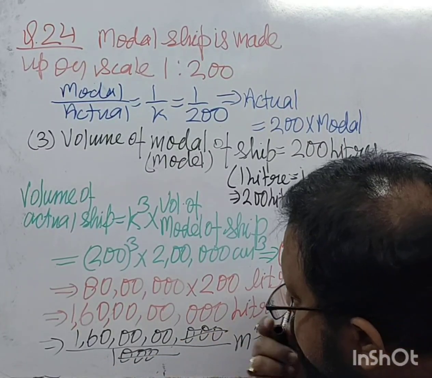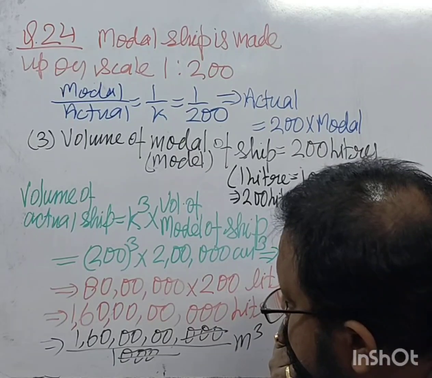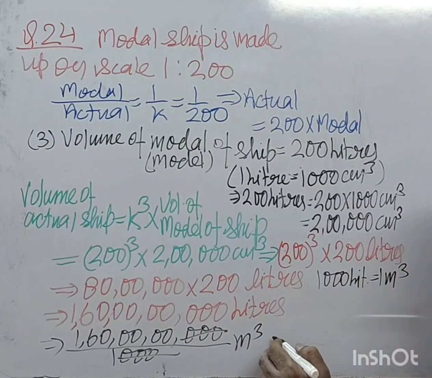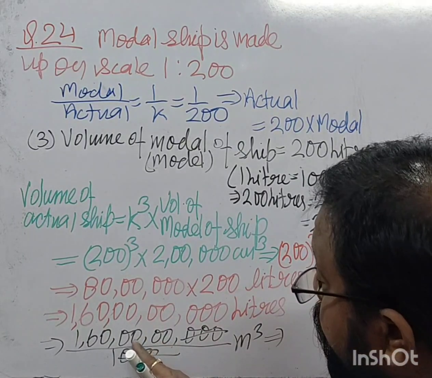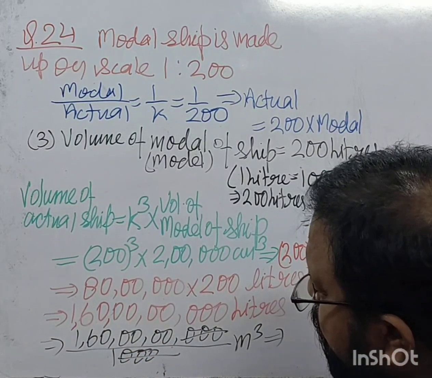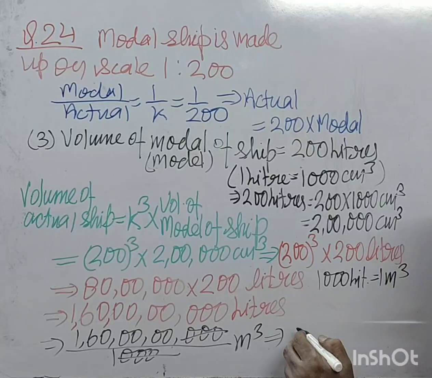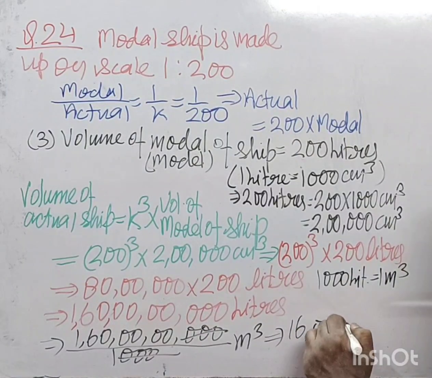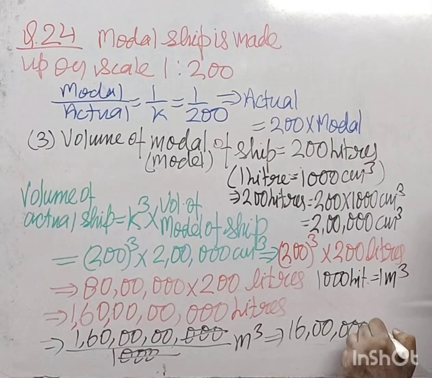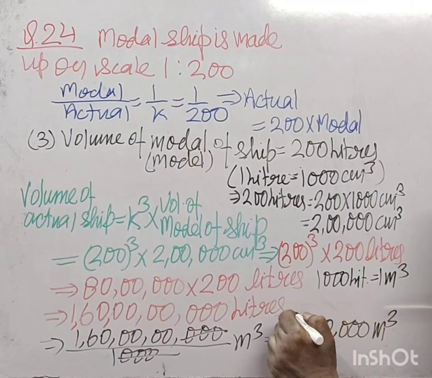So now how many zeros do we get? 5 zeros, right? It means 16 lakh meter cube is the volume.